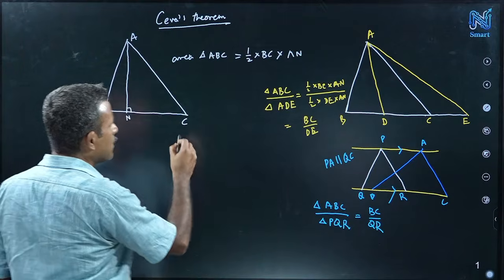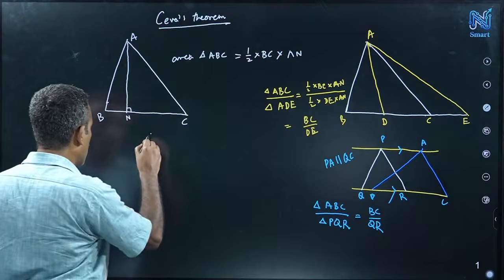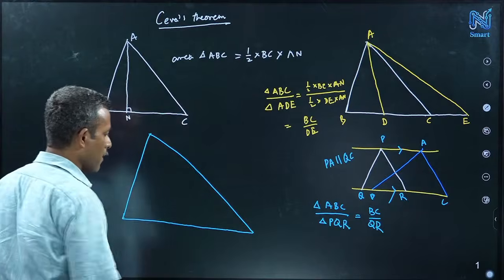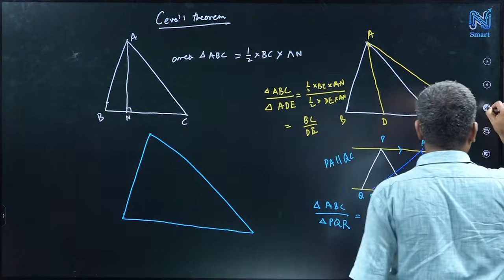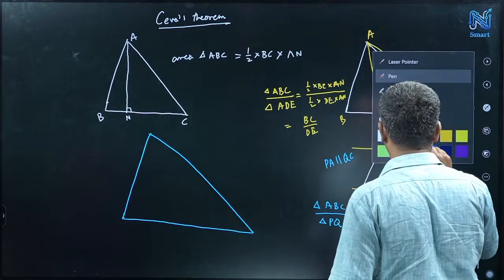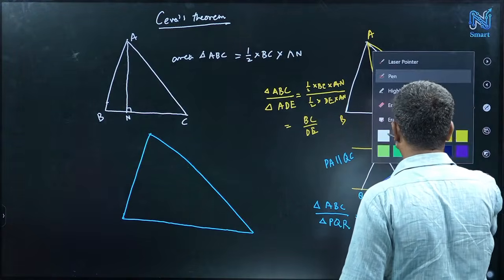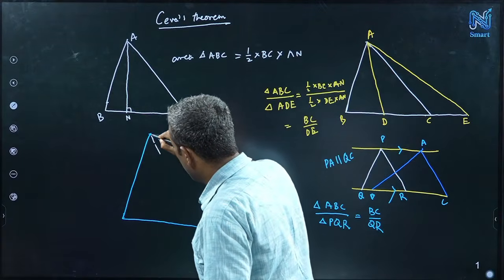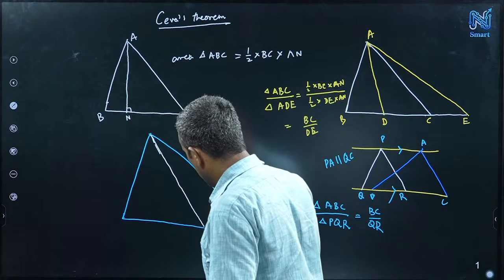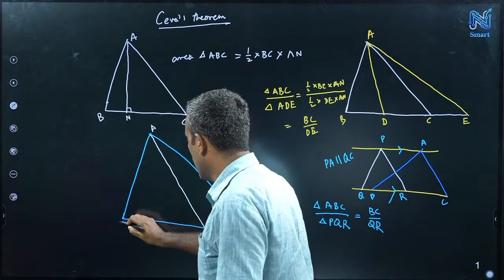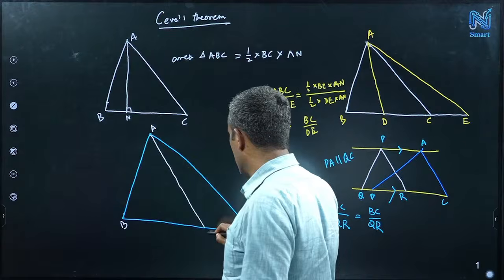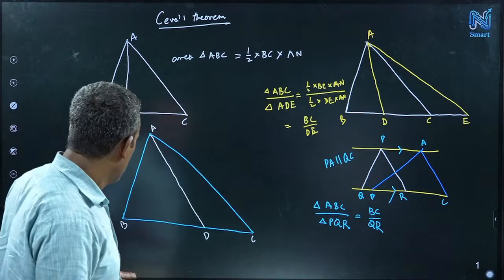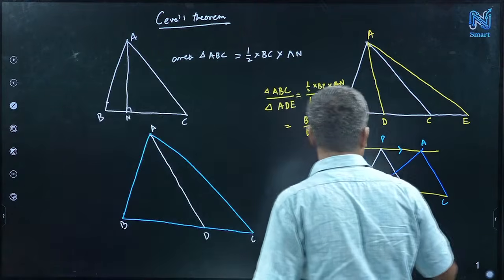So what is the figure? The figure is like that. Consider this triangle, and we have three line segments. One is from the vertex A to a point D on BC, and we join AD.